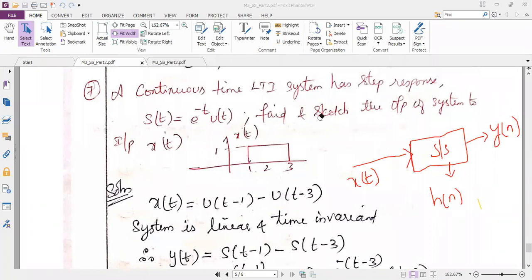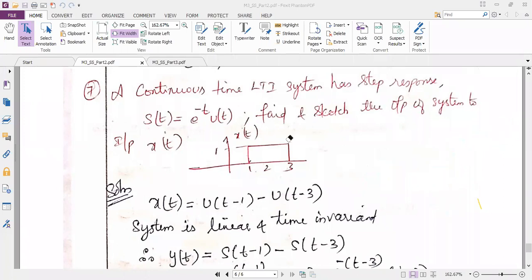Yes, ma'am. Okay, fine. So can you just guess how to convert the diagram into an equation, and see whether the equation which I have written is correct as per the diagram? The diagram says it starts from 1 and it ends at 3. So is it right writing u of t minus 1 minus u of t minus 3?